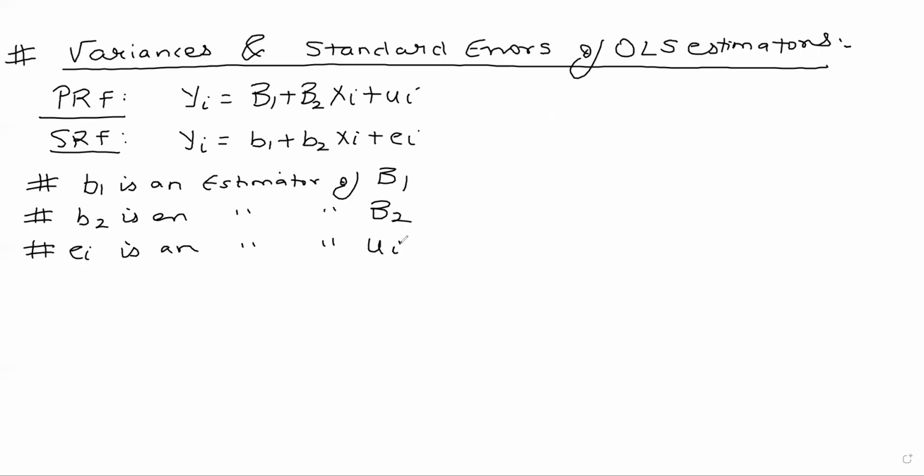Now guys, understand this. For one sample I have taken, I get one value of b1 and b2. If I take another sample, I get another value of b1 and b2. That means b1, b2 themselves are random variables.